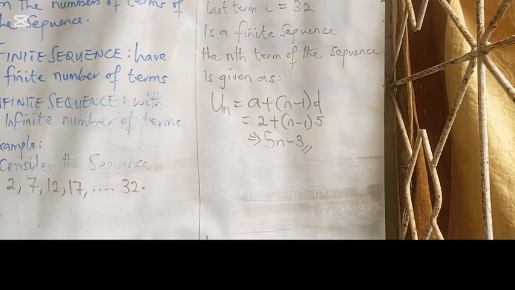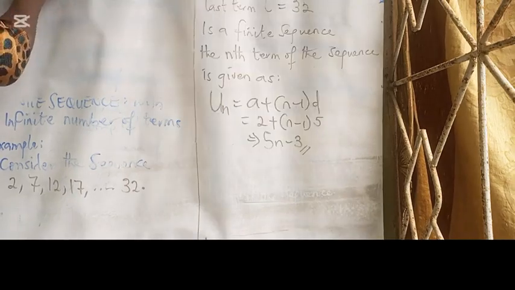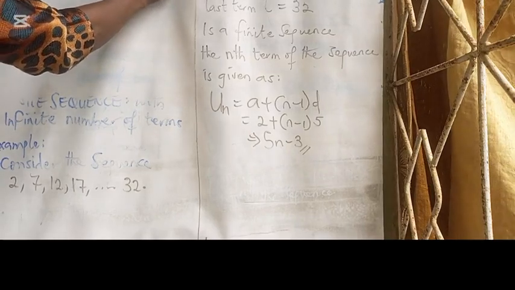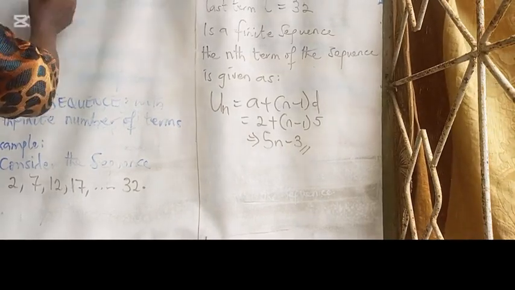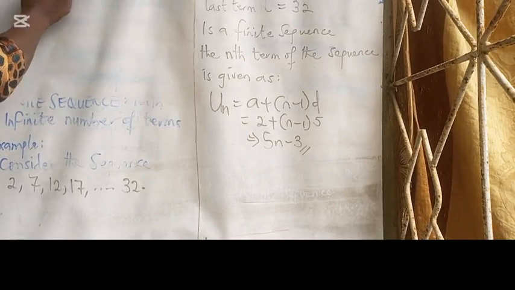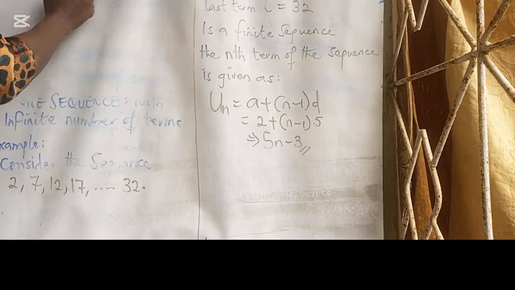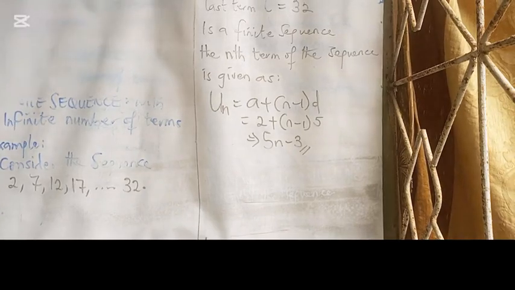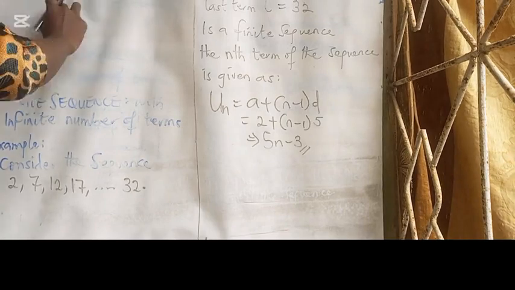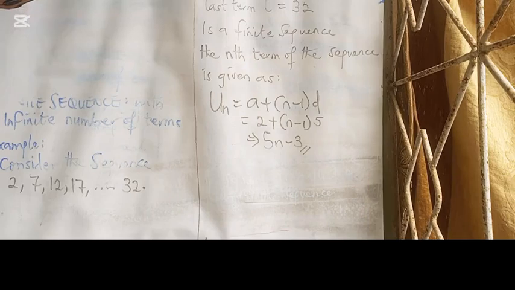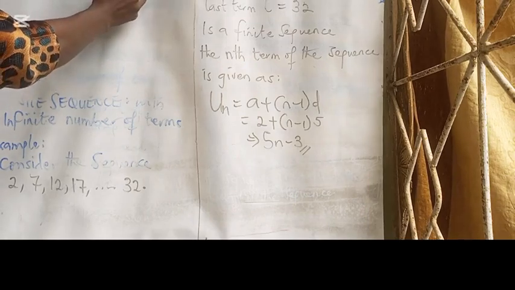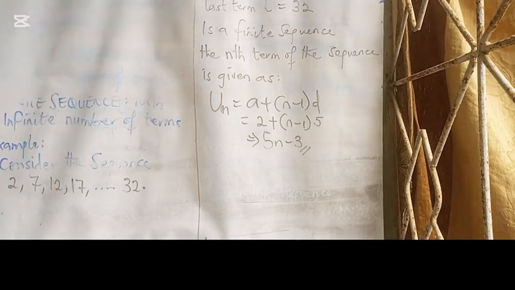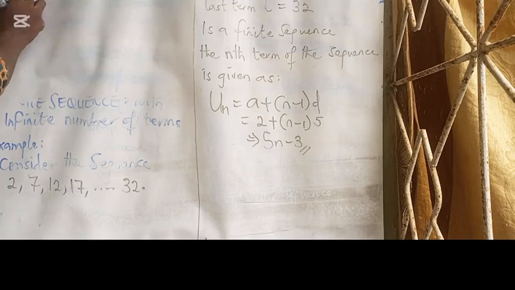Let's look at an example for the infinite. Consider the set of numbers 1, 1/3, 1/5, 1/7, and so on. If you look at this sequence, because I can see the ellipses here, I know it is what type of sequence.